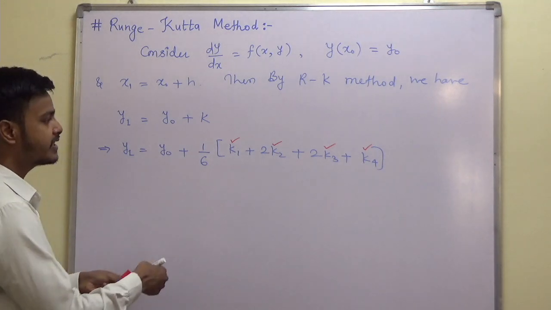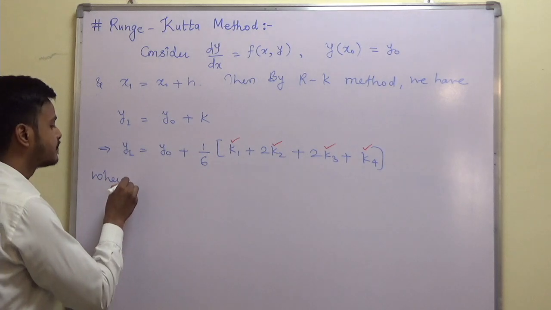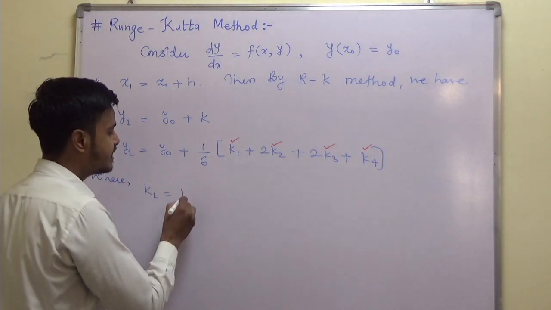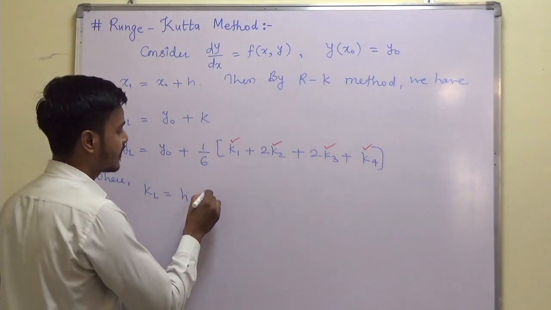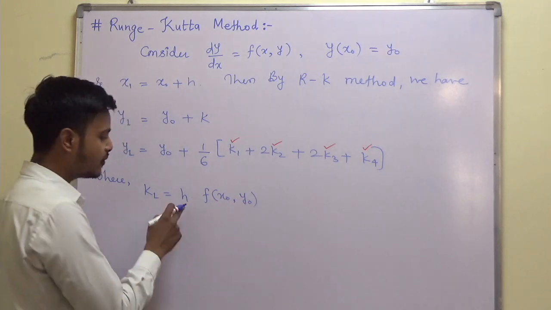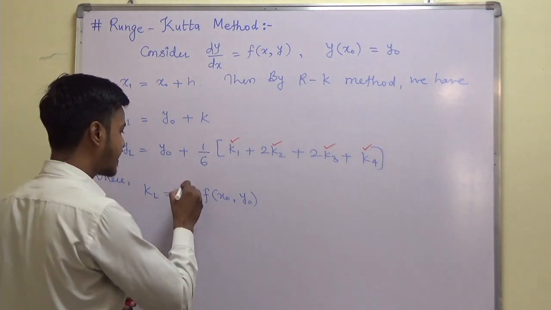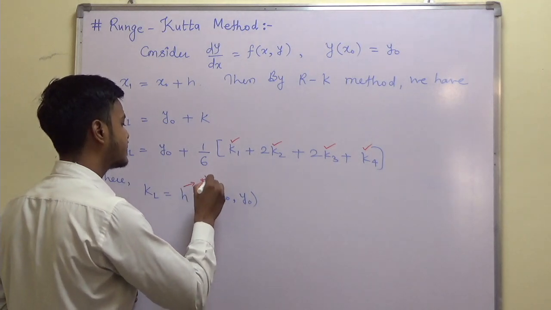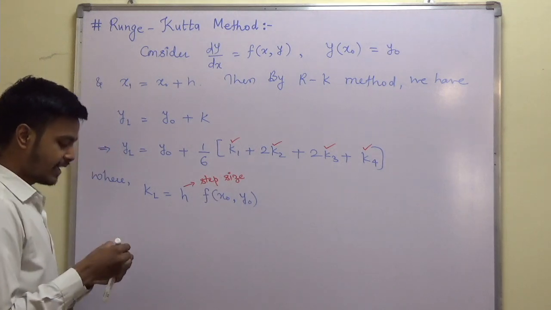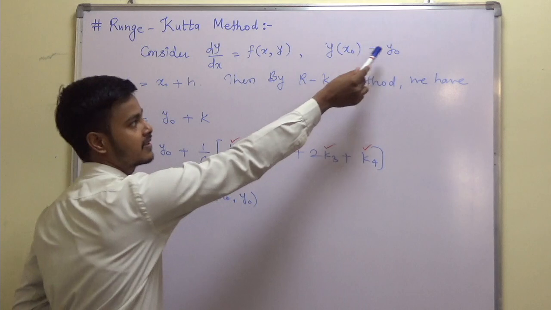So let us see what these are. k1 is h into f of x0, y0, where h is nothing but the step size, and x0, y0 are the initial values given to us.